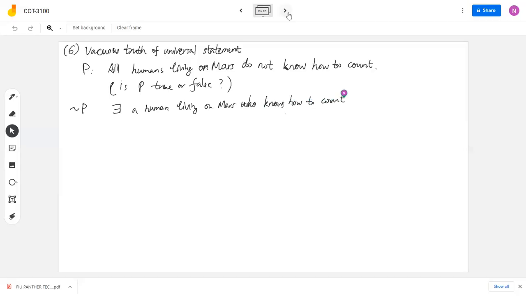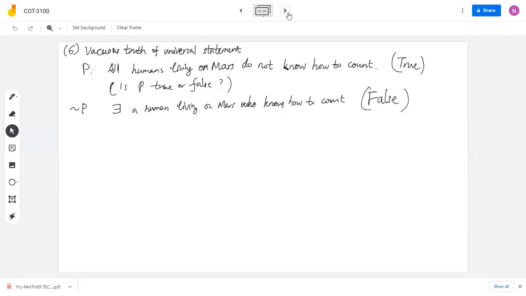This statement is clearly false, because you're claiming that there is a person living on Mars who knows how to count, and I definitely don't believe you because I know there are no people living on Mars. So this is false, and therefore we can assume that the original statement is true.